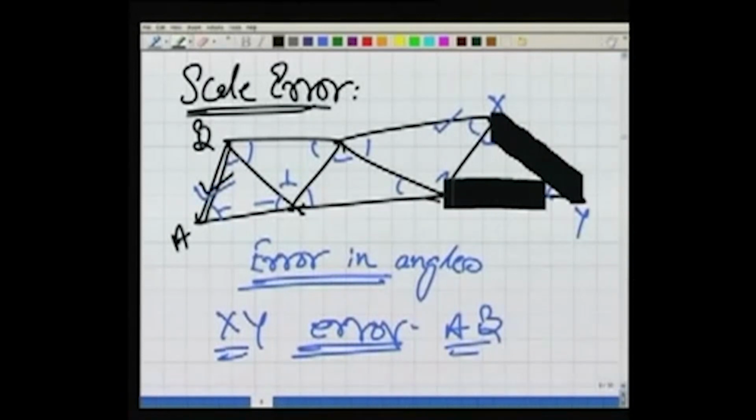This error we call the scale error. Now in the case of trilateration, we are measuring these lengths directly, we are not computing them, so there is no question as such of scale error. So this scale error is controlled.